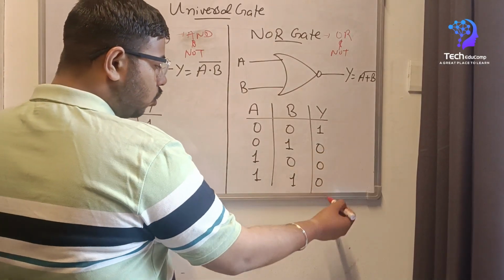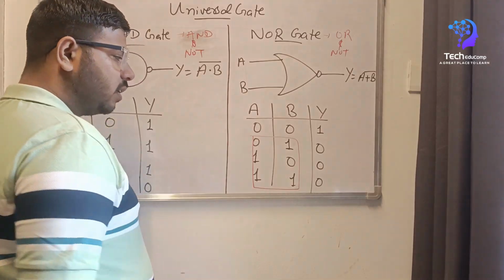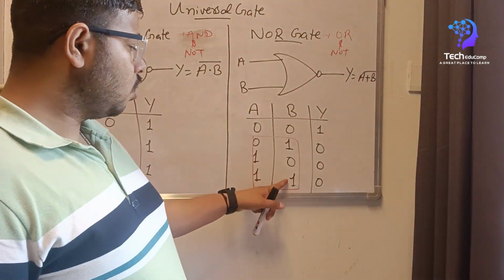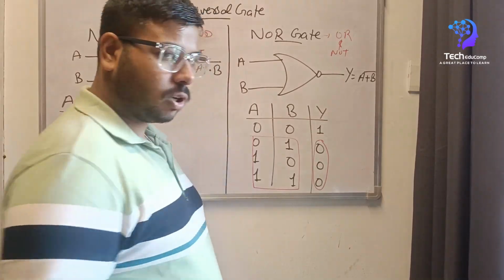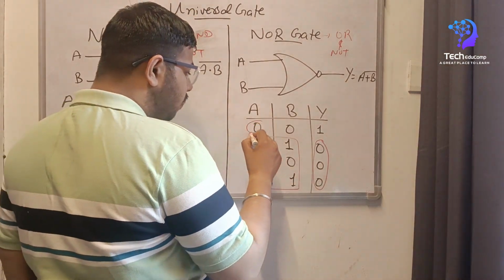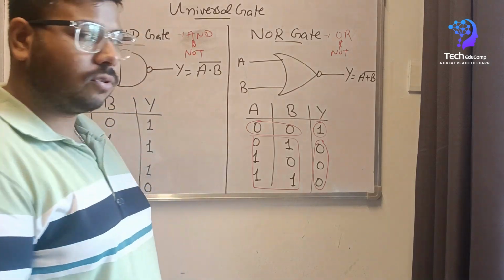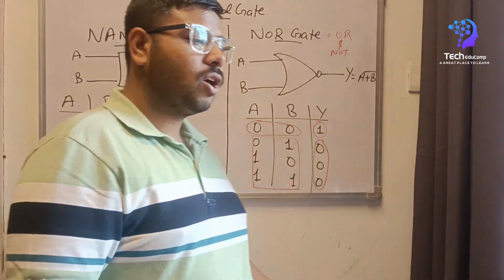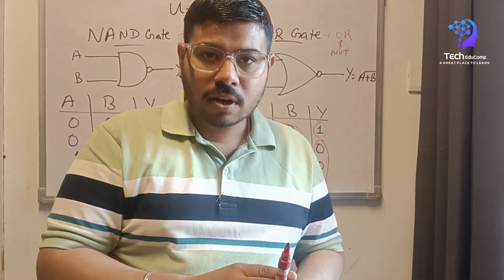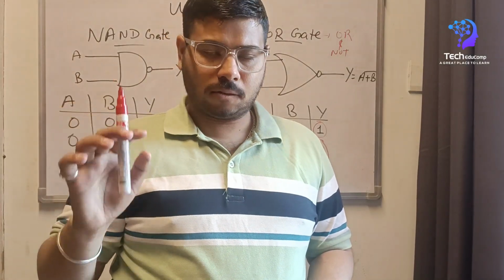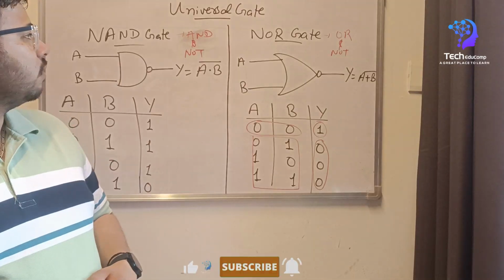Rest are false outputs, because if one or all of the inputs are true, it will give us a false output. But when both are false, we get the true output. If both the inputs are 0 or off, we'll get a high output. Okay, so these are the universal gates.